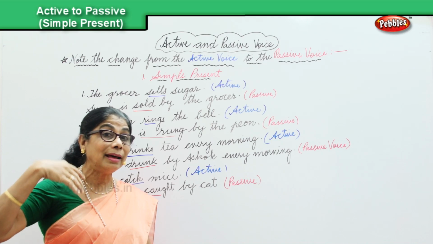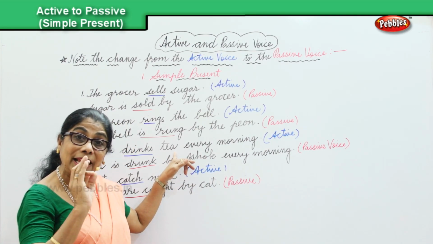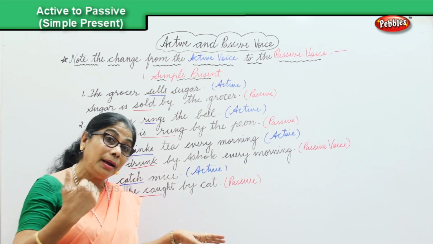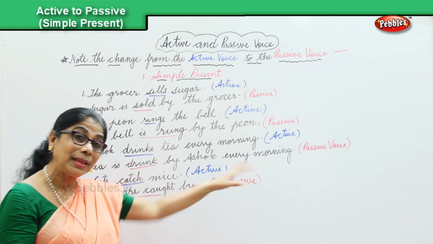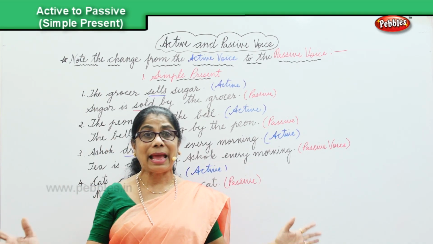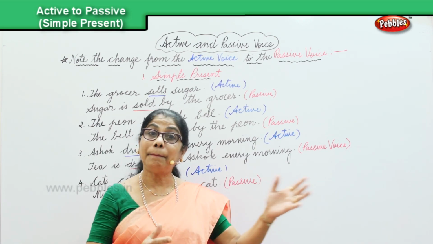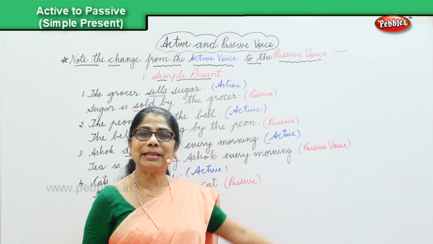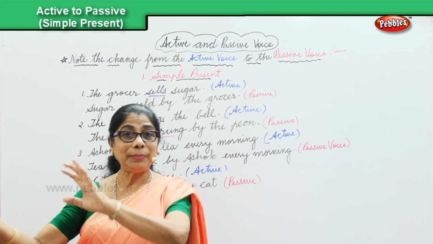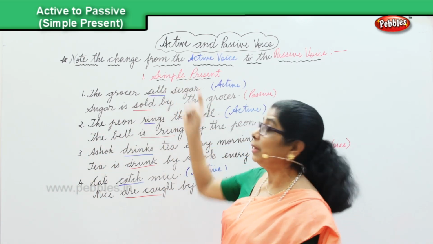The bell is rung by the peon. Ashok drinks tea every morning. The tea is drunk by Ashok every morning. Cats catch mice. Mice are caught by cat. That's passive. So we learned to change from the active to the passive in the simple present tense.